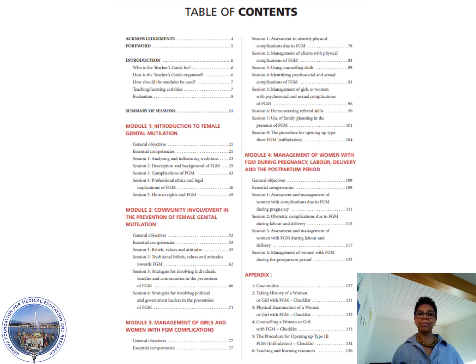So just a brief overview of how it looks if you open the document. It has 4 modules. Introduction, just like the clinical handbook, but this module might be of interest, especially for community health aspects, outreach aspects, and how to involve individuals and community members.